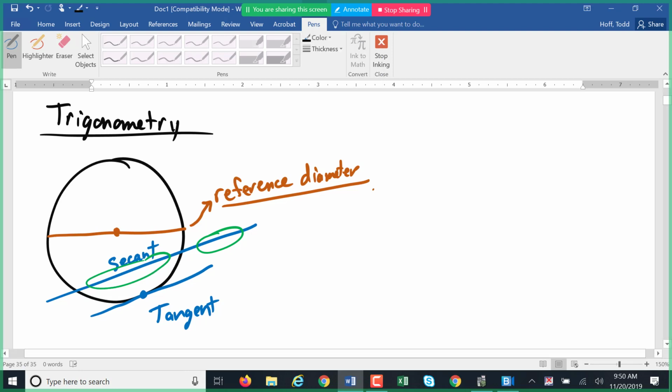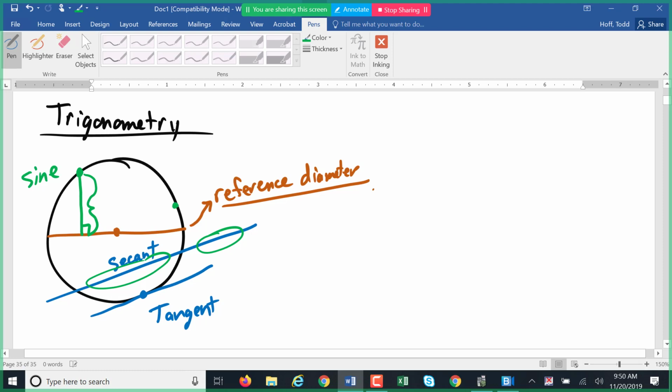A sine is a value that each point of the circle takes on. The sine for a given point on the circle is the distance from that point to a chosen reference diameter. So for that particular point there, the sine is whatever that distance is, what that length is.